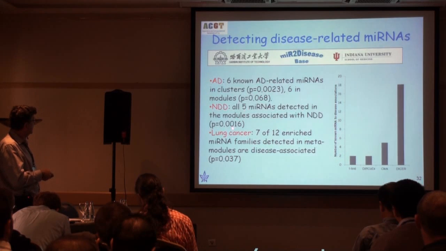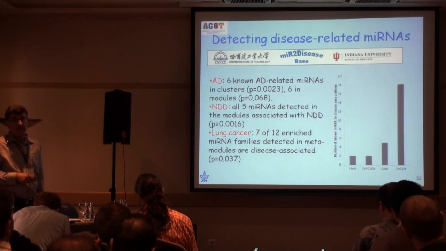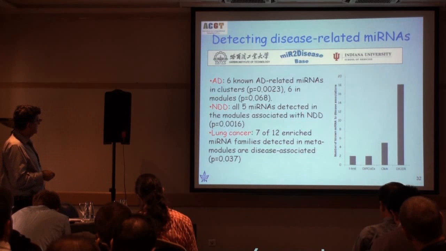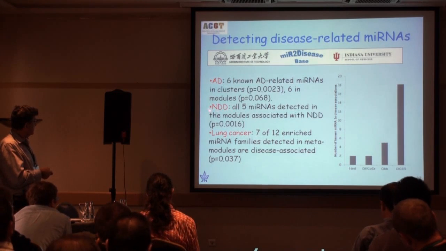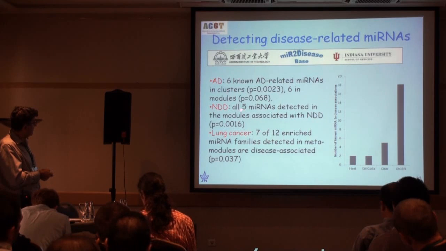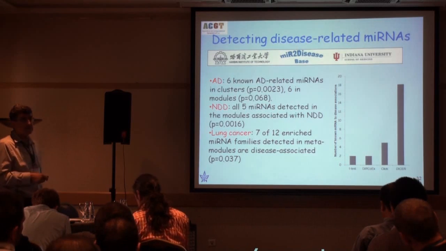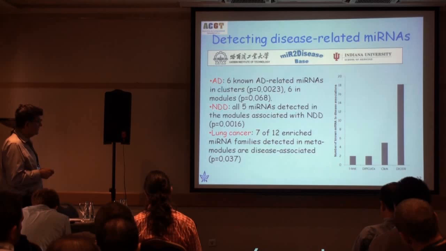And indeed, we get very substantial enrichments in all examples. NDD is a striking example because all the 5 microRNAs that we detected are known to be related to the disease.